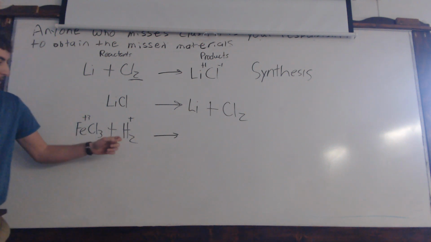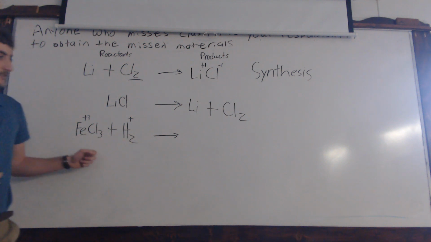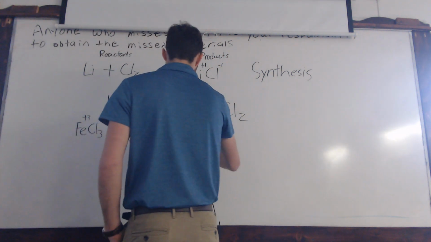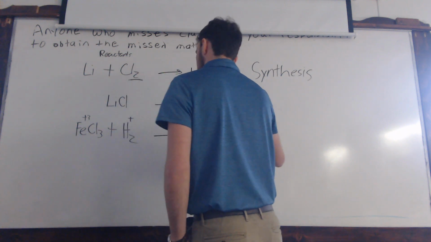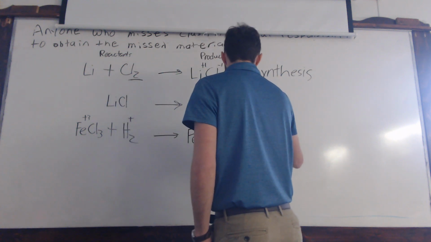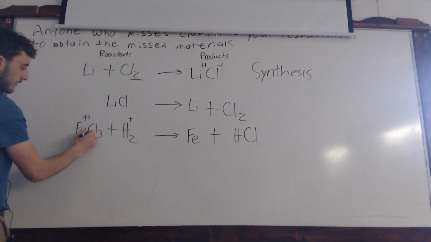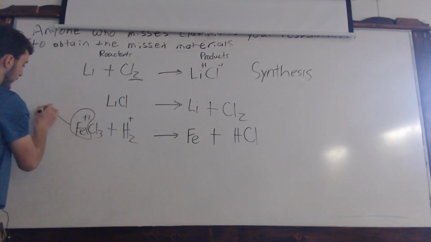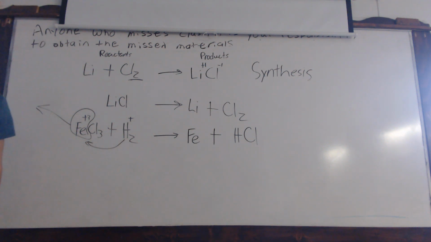But we're doing a single replacement, so we're swapping the positions of these. So I'll give it to you: it would be Fe plus H2 plus HCl. This iron is leaving. It's going away. And the hydrogen is hopping in its spot. That's what a single replacement reaction will be.